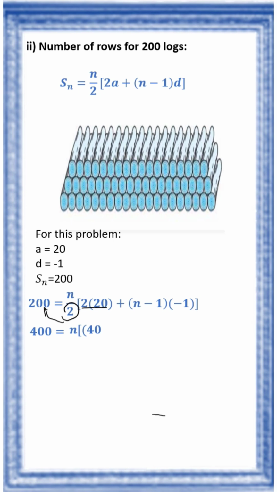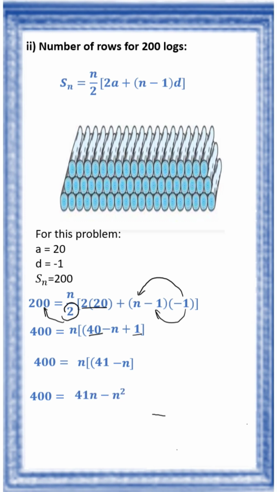Here negative of 1 into n, negative of n, negative of 1 into negative of 1, that is plus 1. Here 40 plus 1, what is it? 41. So 400 is equal to n into 41 minus n. Now let us open the bracket here. So 400 is equal to 41n minus n square.